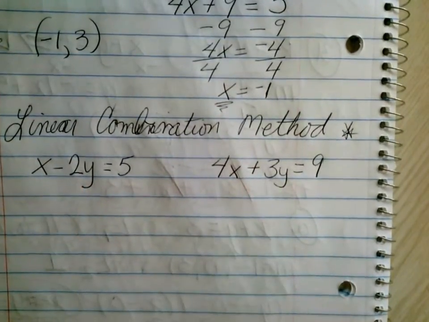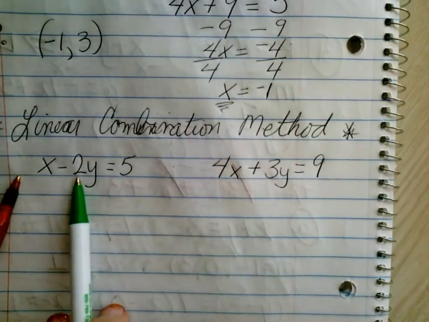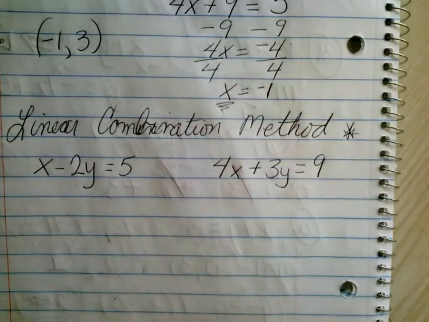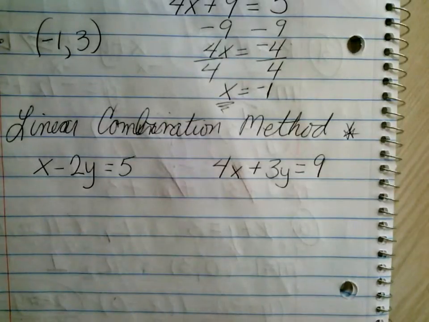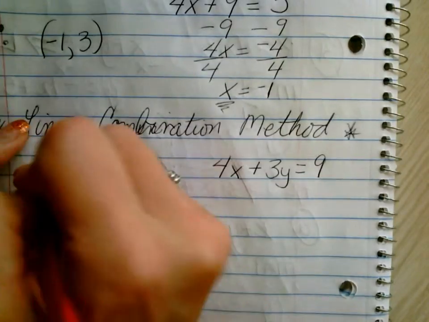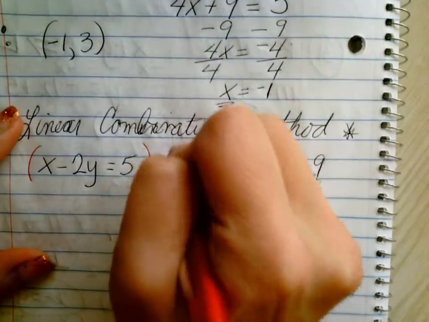Remember, my goal is to create a coefficient of either x or y that would cancel out the other variable, so that you're only left with, like in this one, only y. I am going to multiply the first equation by negative 4.